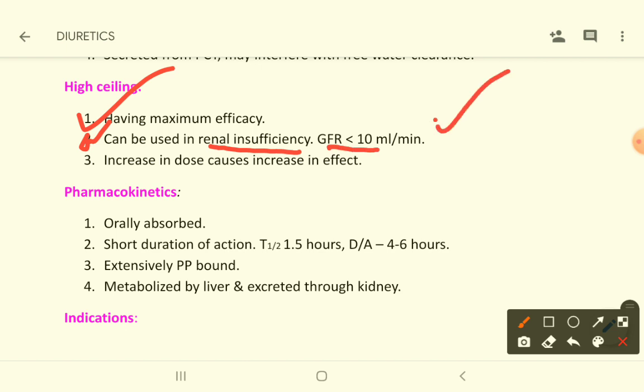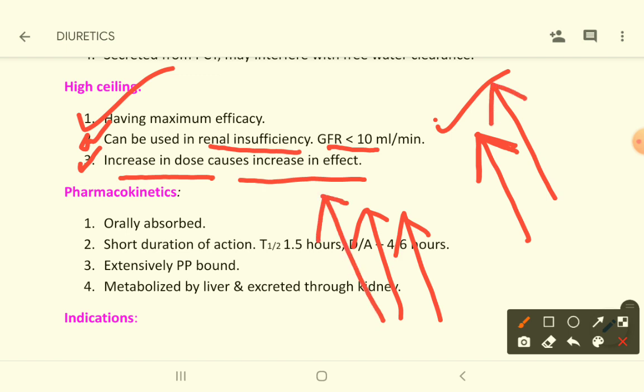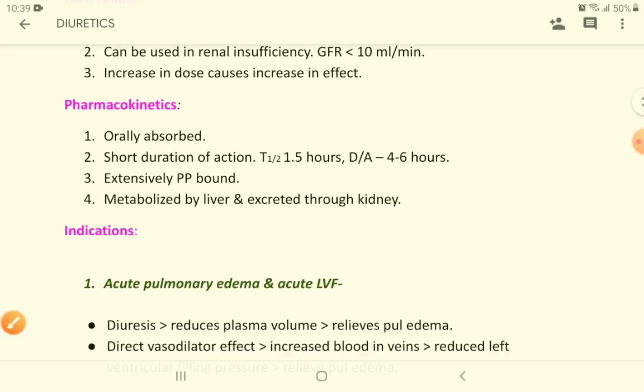Still, in this condition, these drugs can act, and increase in dose causes increase in effect. You will increase the dose of furosemide, there will be increase in its diuretic effect. Okay, so increase more dose, get more diuretic effect. So this is called high ceiling diuretic.